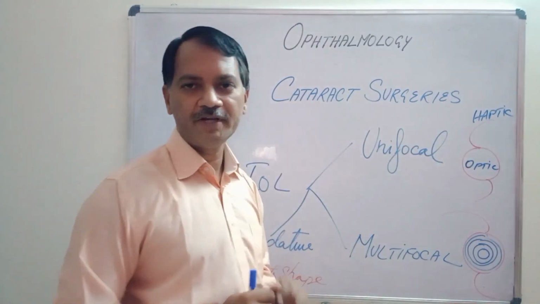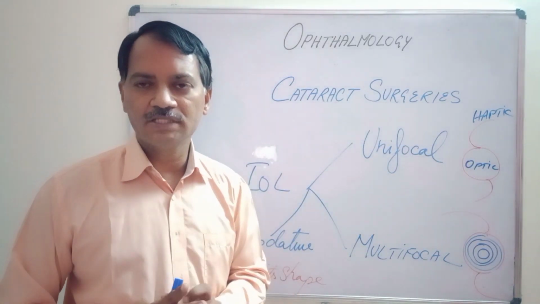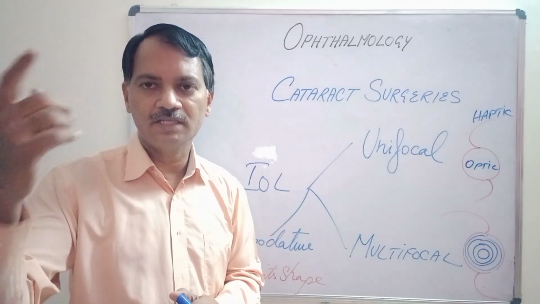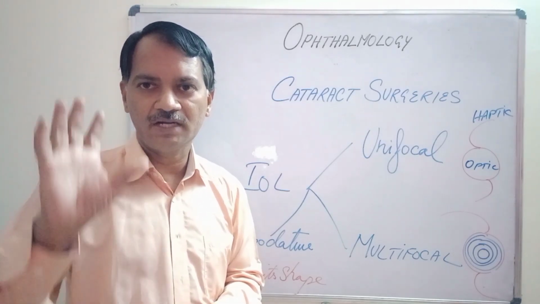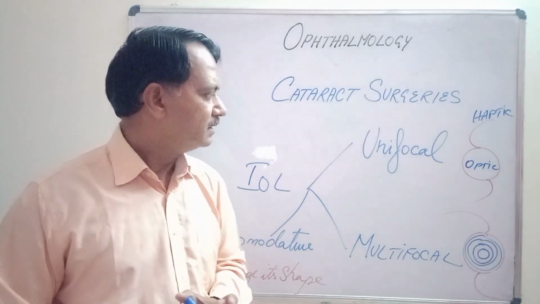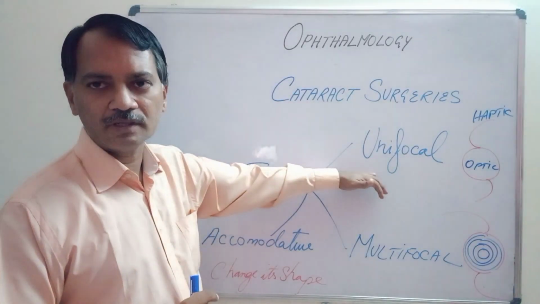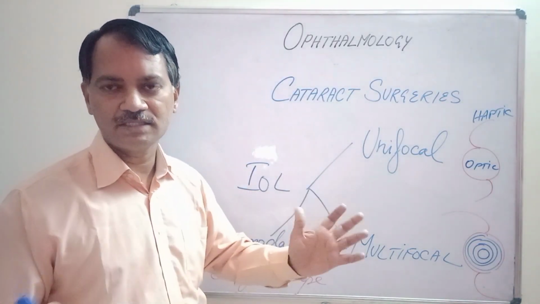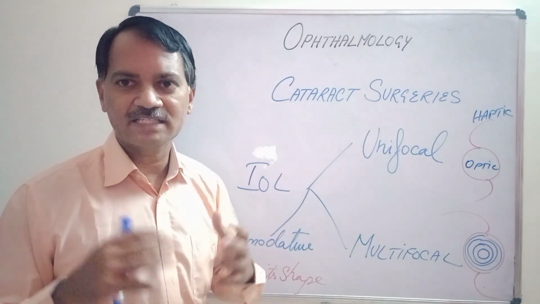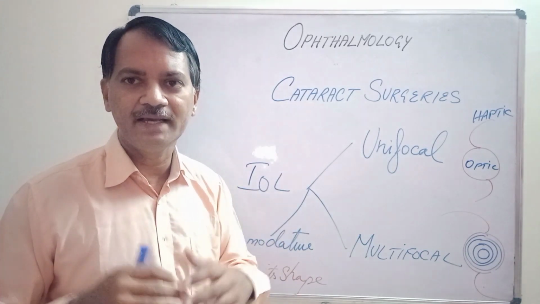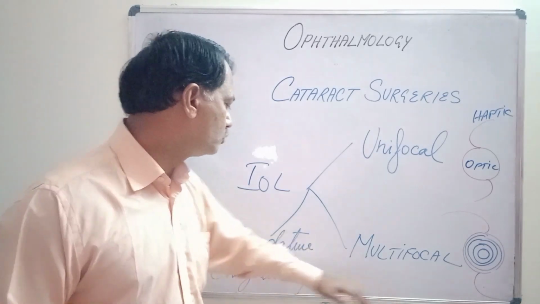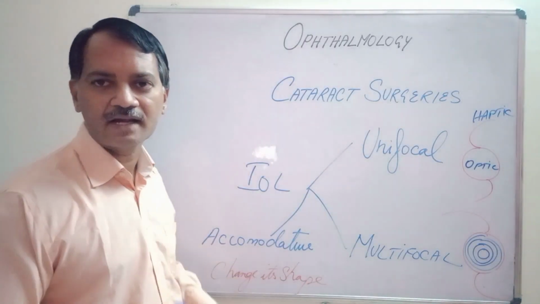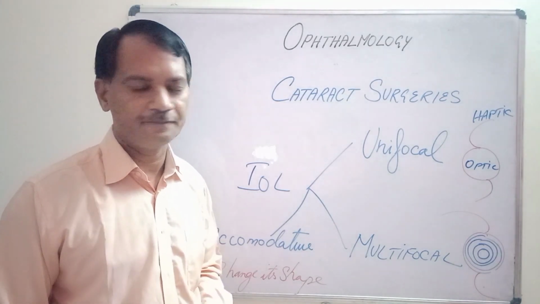The optic is going to give the vision, so this will be calculated either for distance or near. Usually we calculate the IOL power for distance only. This is usually done in bigger incision surgeries because we expect astigmatism in them. So we cannot keep the other two lenses, as they can cause problems for the patient.